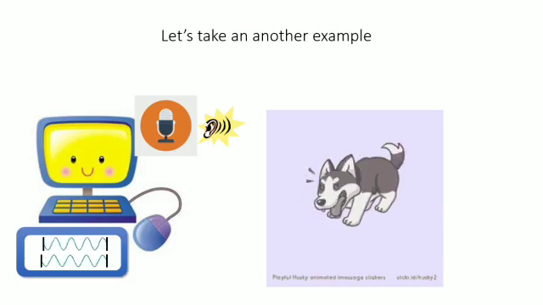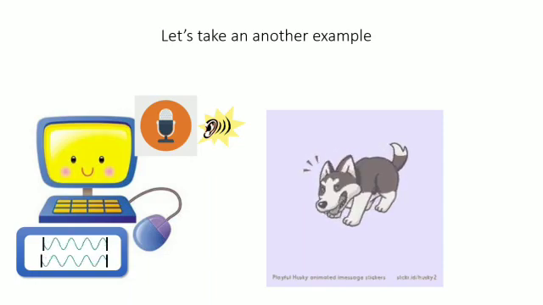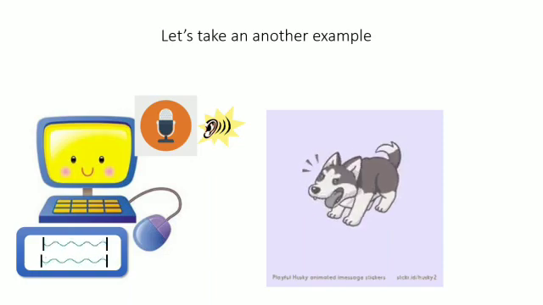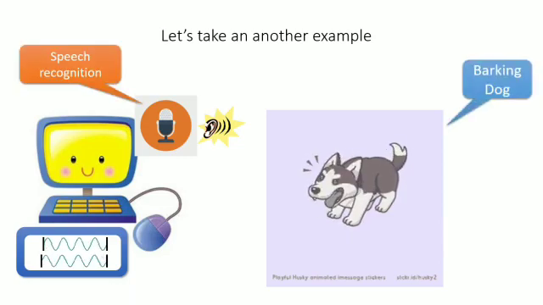That is called database. So instructions about all these things are fed into a computer, and that is called data. It compares the sound with its data, and then the computer can identify it as the sound of a barking dog. This feature of computers is called speech recognition.